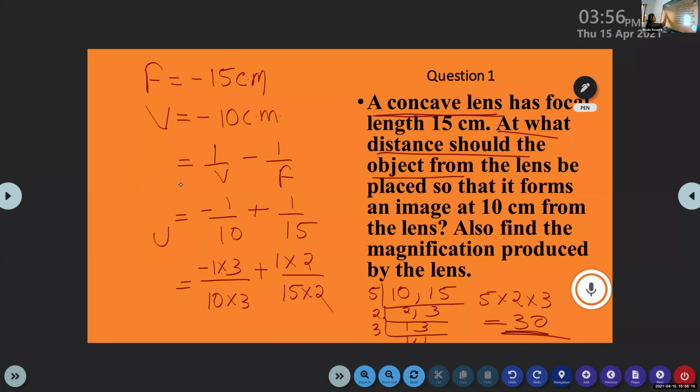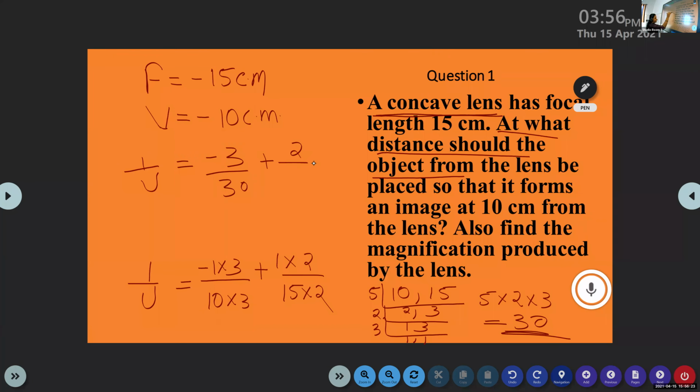So 1 by u is equal to minus 3 by 30 plus 2 by 30.